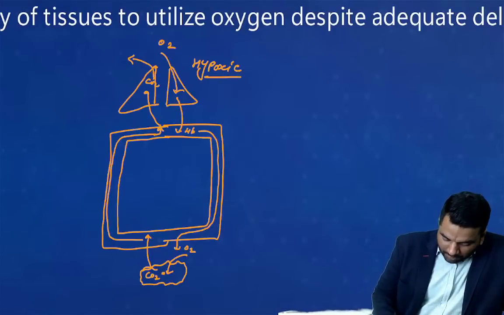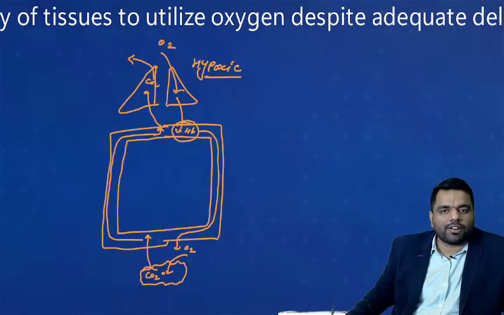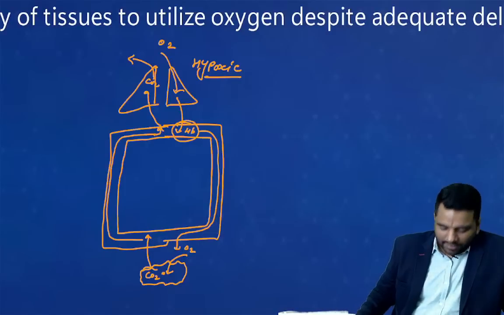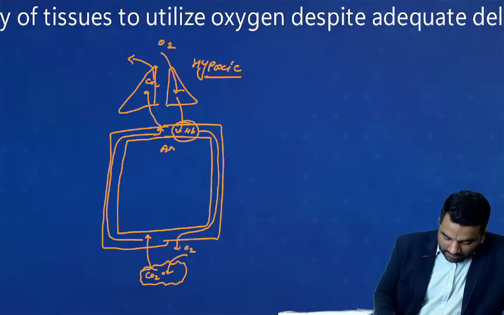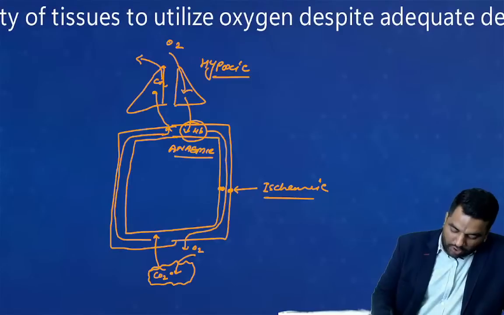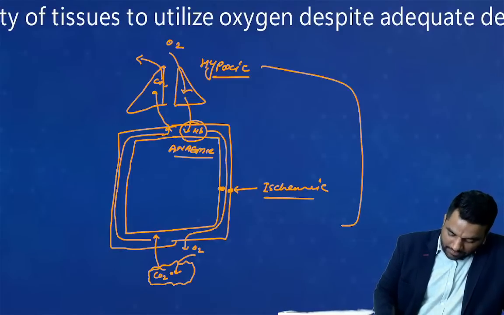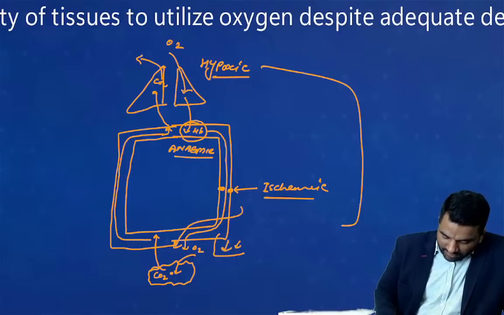If there is a problem like the Ola Uber, nobody is there or someone is already busy with someone, this is called anemic hypoxia. If there is a traffic jam over here, like a landslide, this is called ischemic hypoxia. In all of these 3 conditions, the delivery of oxygen up to this level is decreased, right?